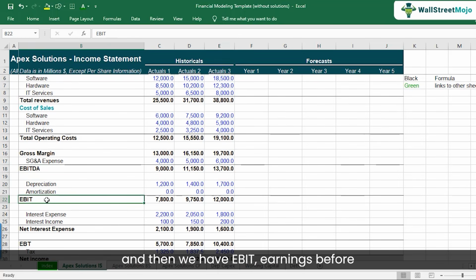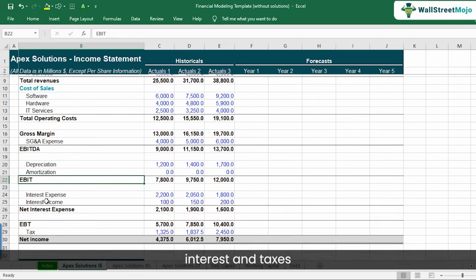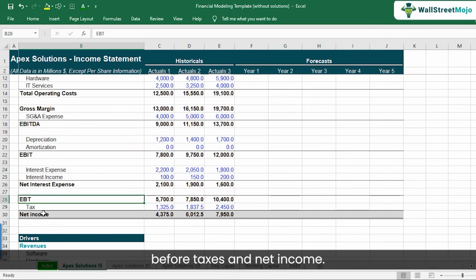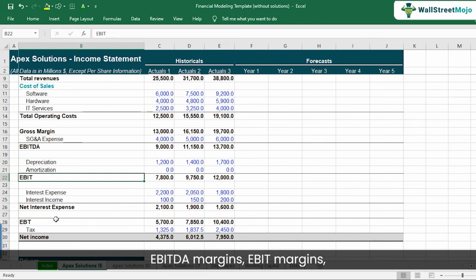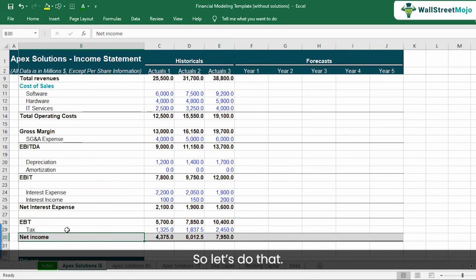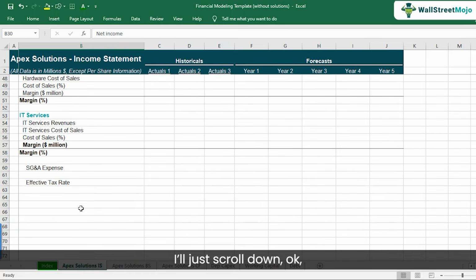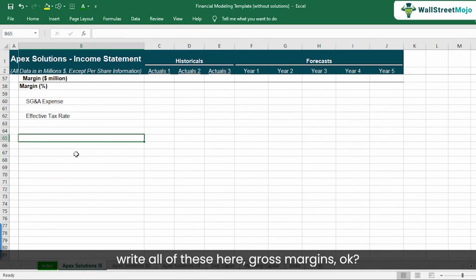Then we have EBIT, earnings before interest and taxes, then earnings before taxes and net income. From a profitability point of view, we look at various margins, right? One would be the gross margins, then the EBITDA margins, EBIT margins, EBT, and net income margins. So let's do that. I'll just scroll down, okay? And I'll write all of these here. Gross margins, okay?